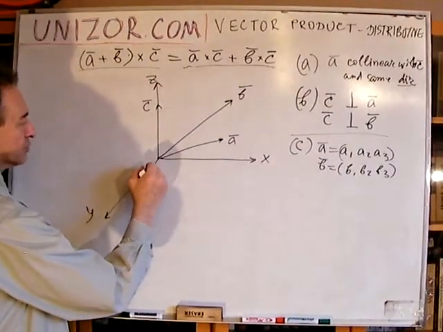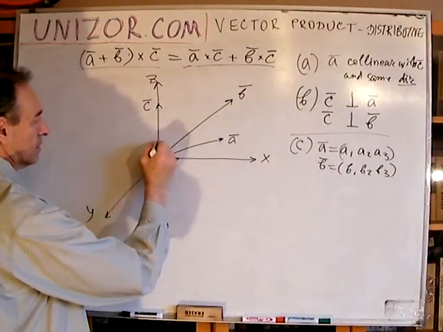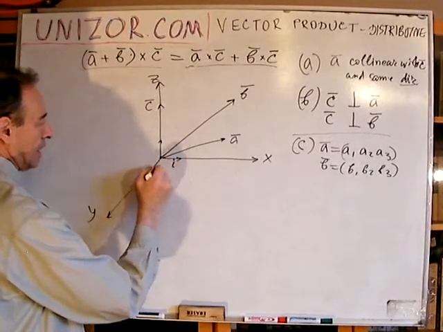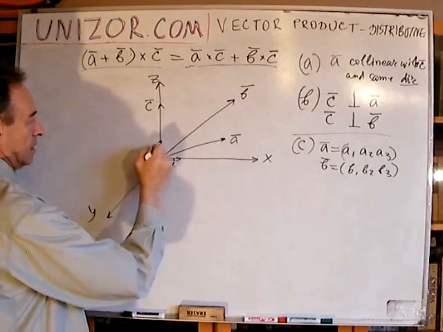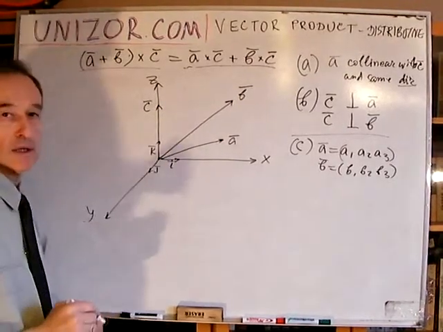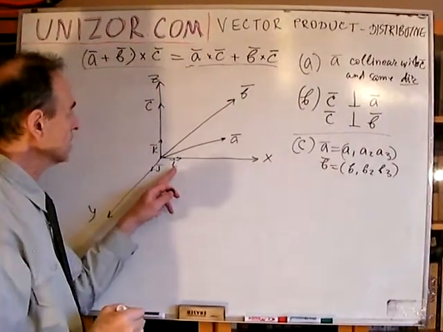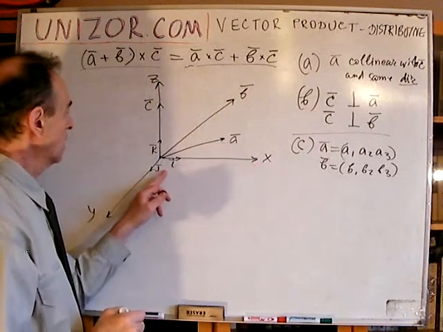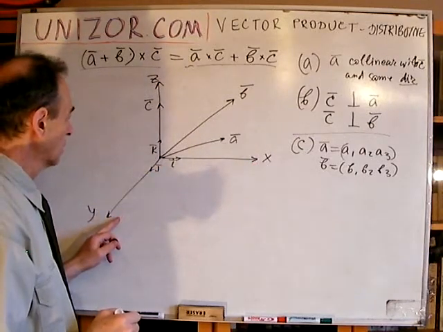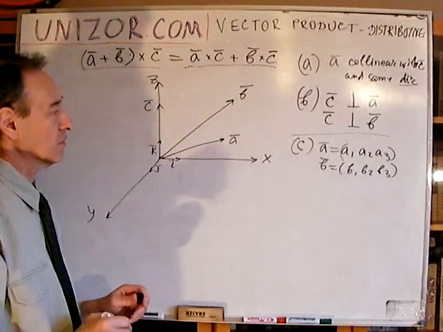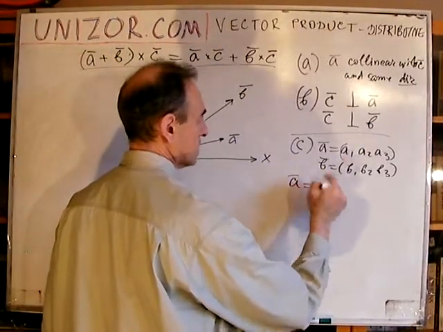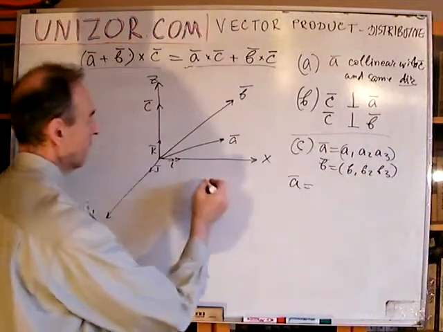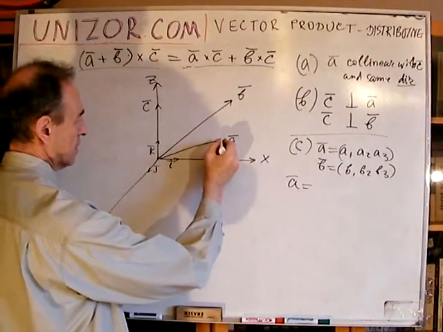Now, let me introduce unit vectors I, J, and K along each axis. So I is a unit vector along X, J is unit vector along Y, and K is unit vector along Z.